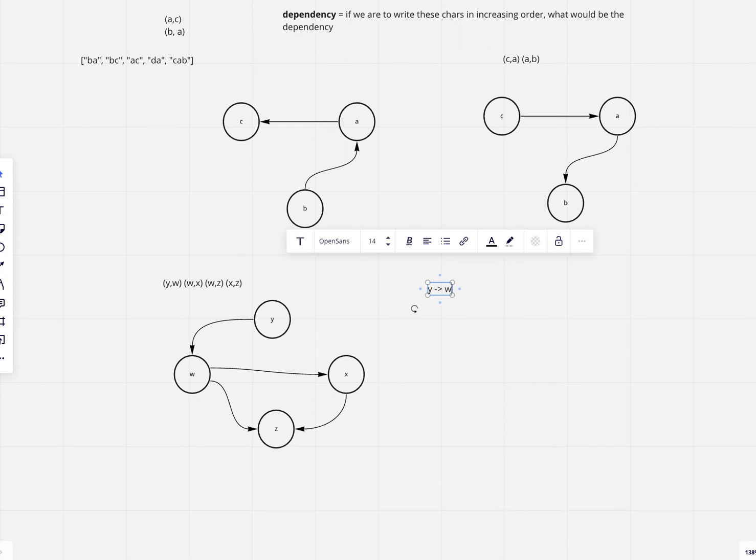We can go into X or we can go into Z. But which one to go into, right? And this would be even more complicated if, for instance, this edge was flipped. If this edge was flipped, now still we can go into both X and Z, but which one should we go into?